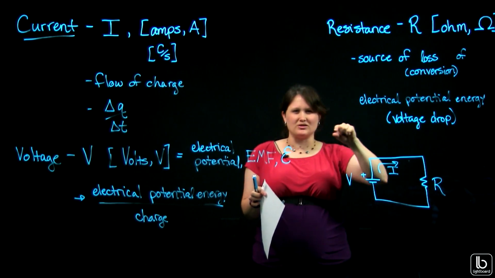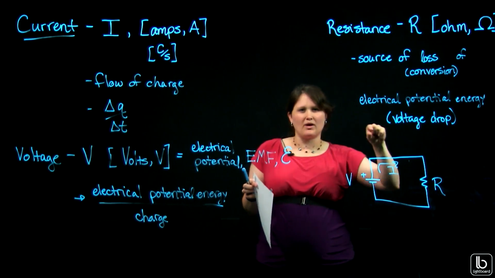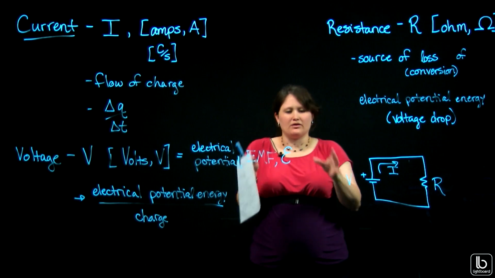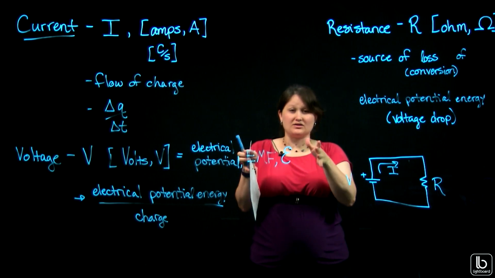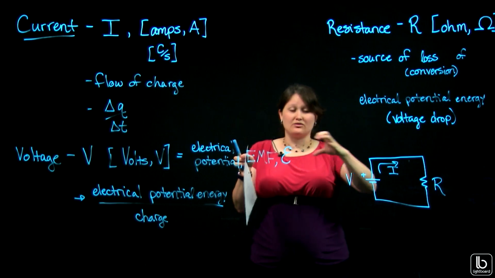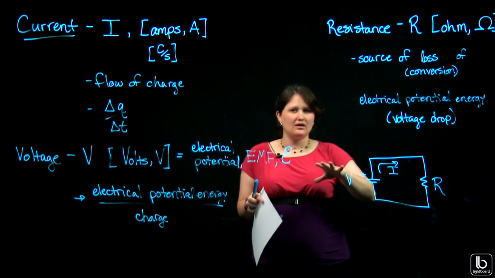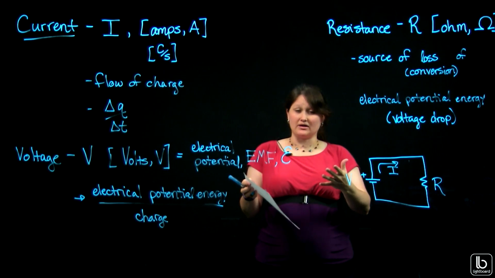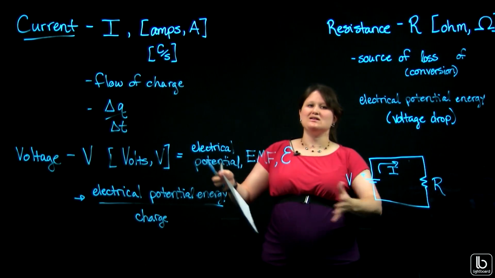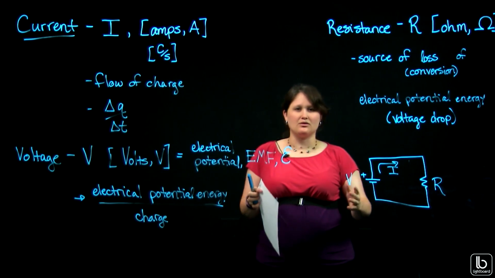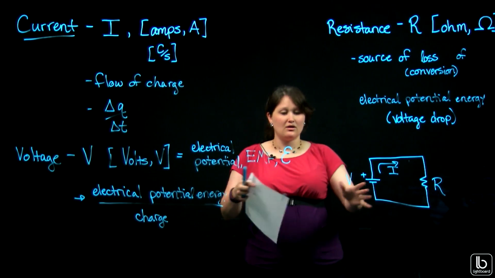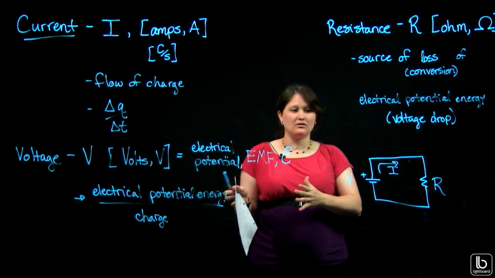Are the atoms actually moving through the copper wire? No, copper is a solid. The atoms are in a solid crystal structure. They're stuck. But the idea is that metals, like copper, have this sea of electrons. So the electrons are able to flow freely.